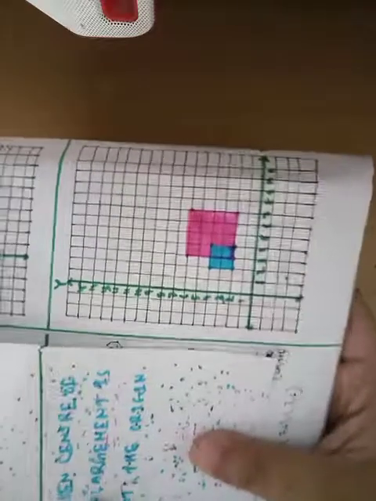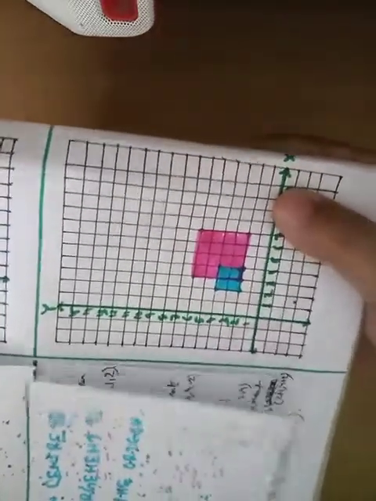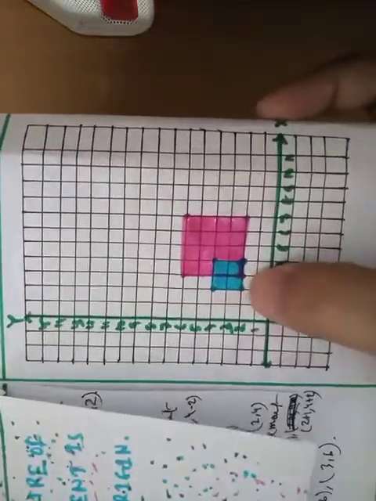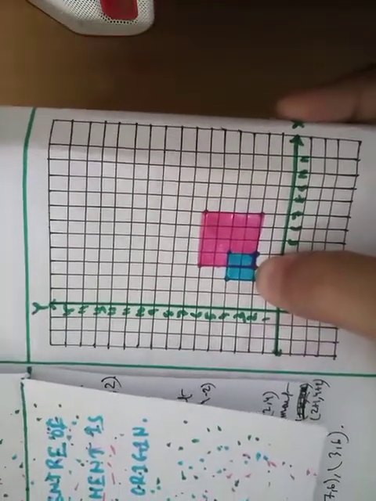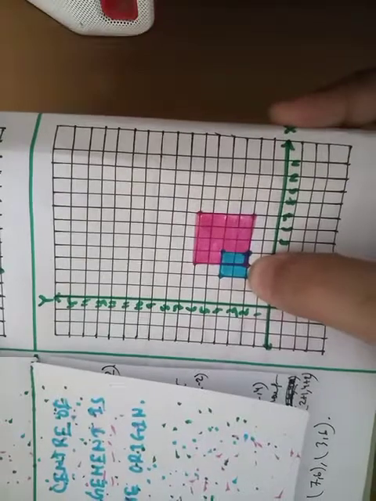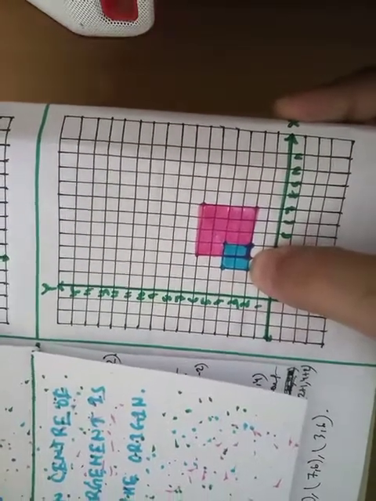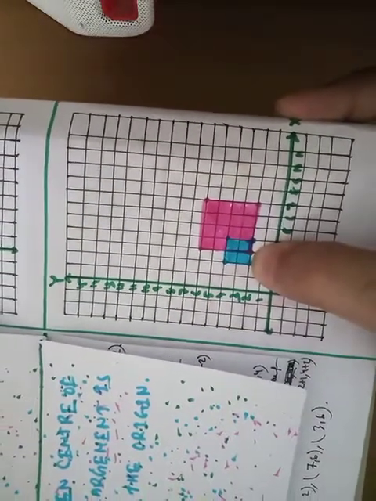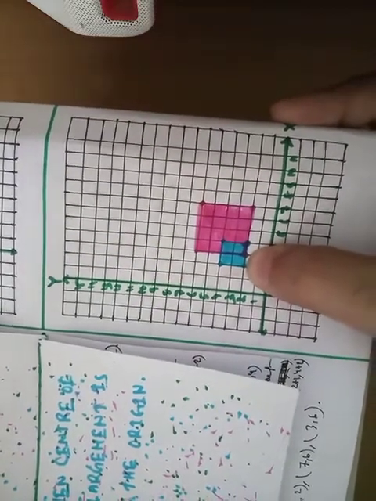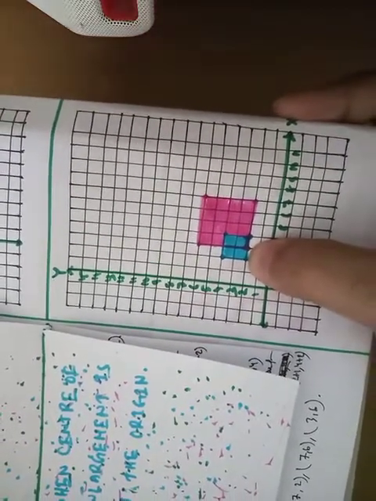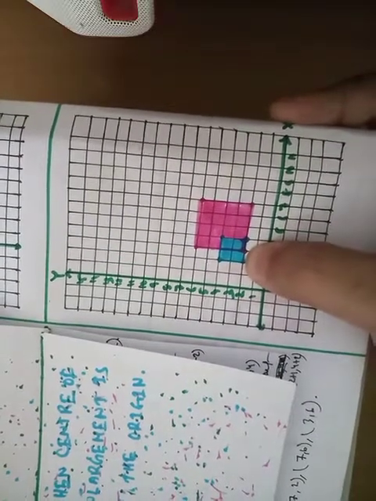Now what you have to do is just plot the points. If you see very closely, this point here is actually on the object, so it doesn't matter, it can cross over whether we are enlarging or rotating, any transformation. It is normal that the object and the image can cross over.